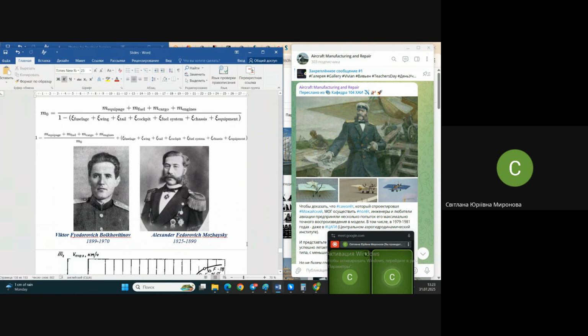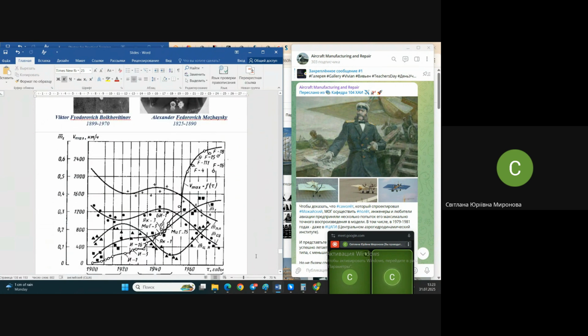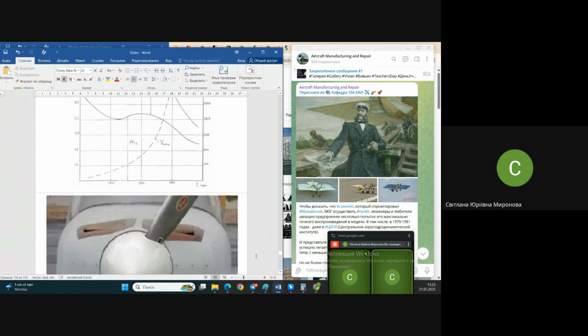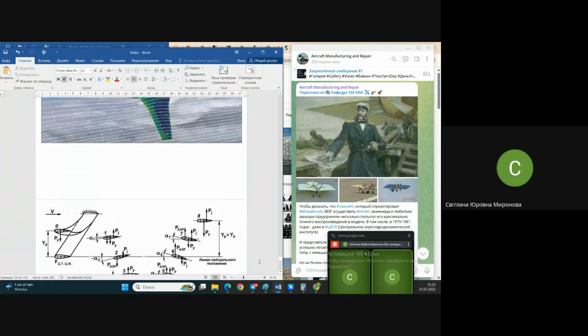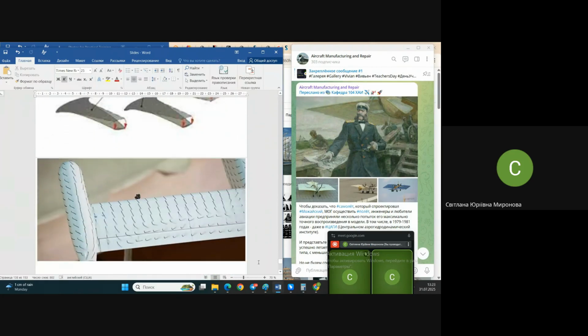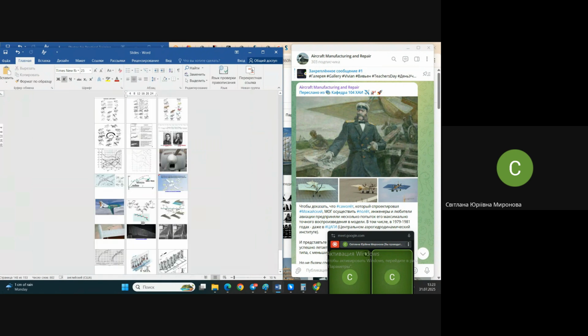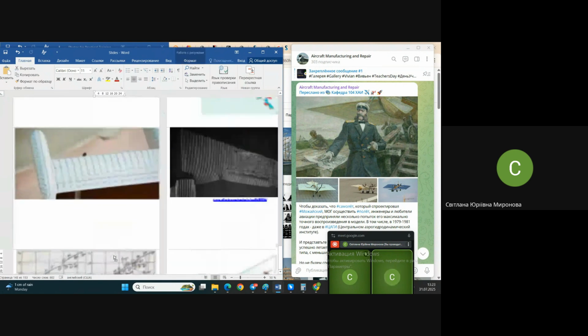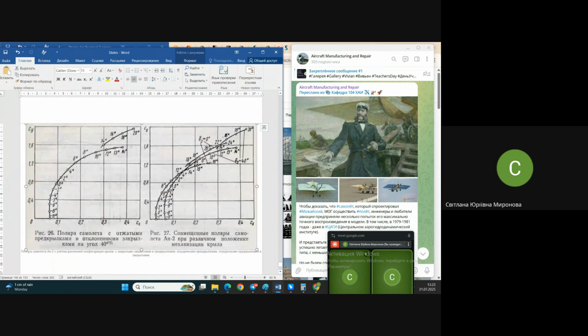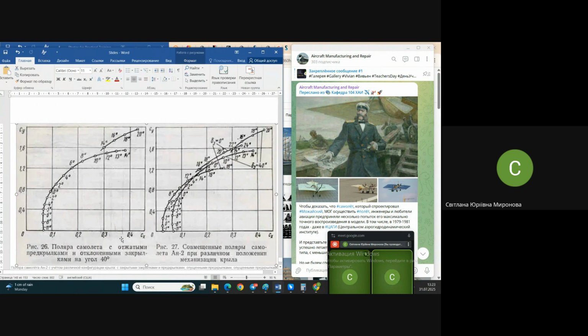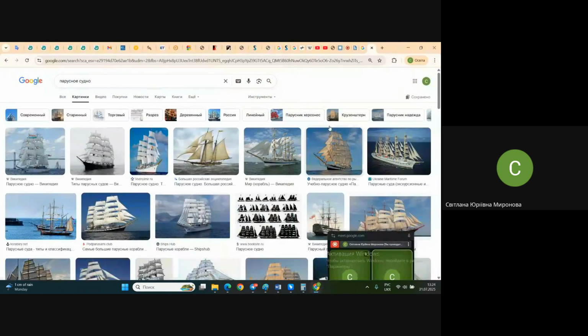If an airplane is already designed, it has some quality. Where are these polars that I have shown? I have opened all my secrets. Look, here is the airplane concept, this beautiful picture.